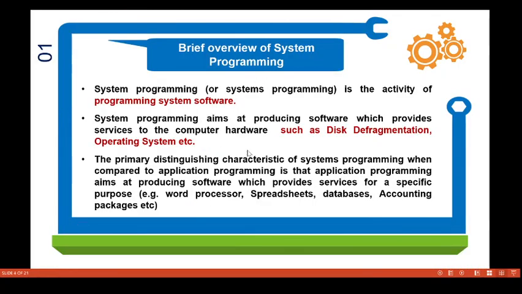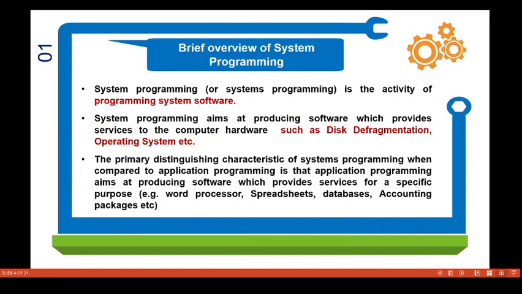Before the brief overview of system programming, let me brush up our knowledge. What is a computer? The simple definition of a computer is an electronic machine that can accept data as an input, process the data, and produce the result as information, and it can store the results for future use.